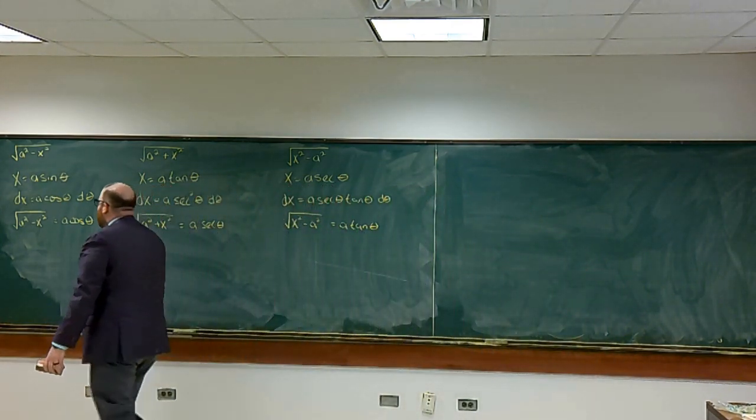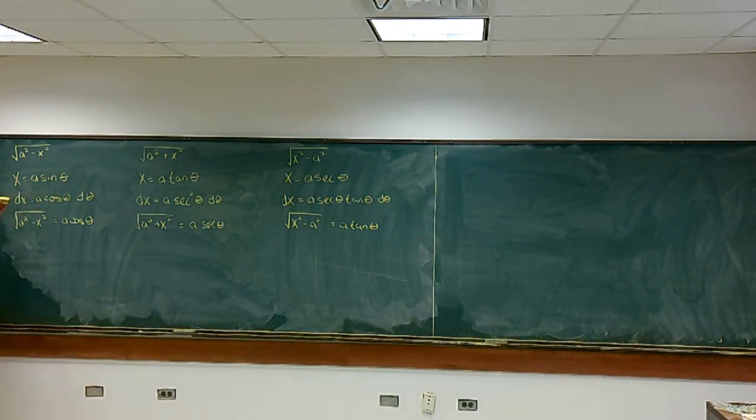All right, so the general methodology is first you identify which substitution you're going to use, make the substitution, simplify, and then you have an integrand involving trigonometric functions, and then we use the techniques that we've already reviewed.